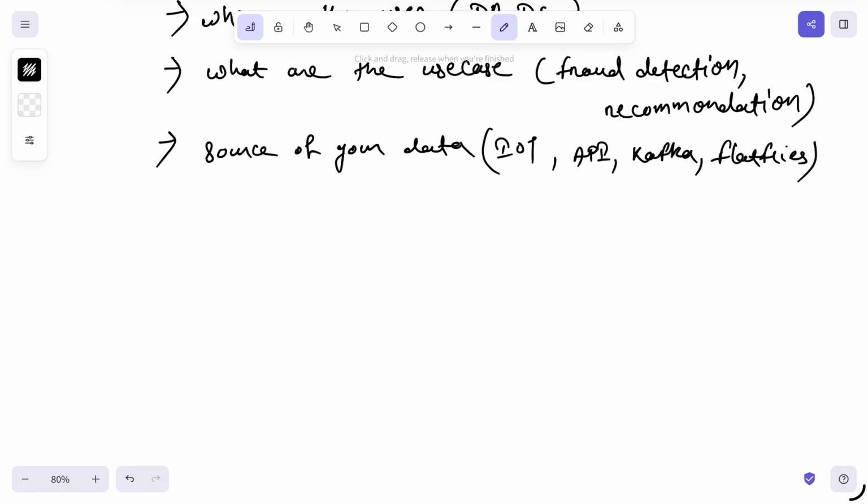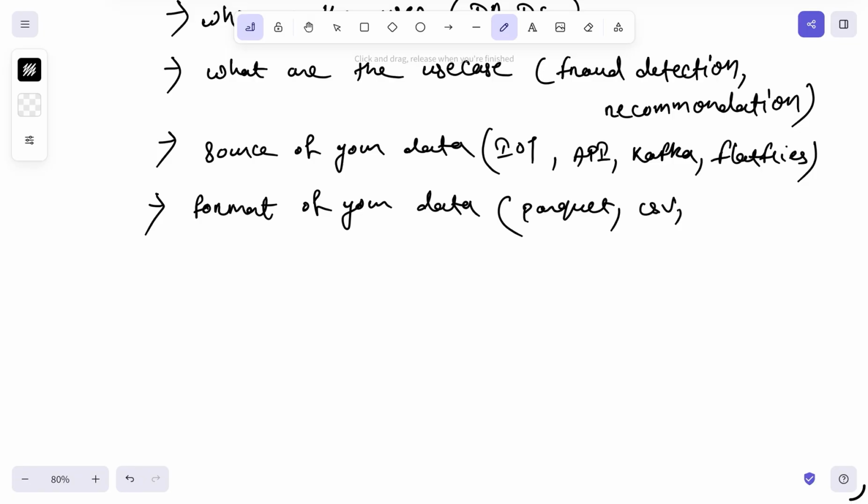Once you know the source of data, you have to ask what is the format of your data. Whether it is Parquet file format, or CSV, or JSON, or whether it is Avro.